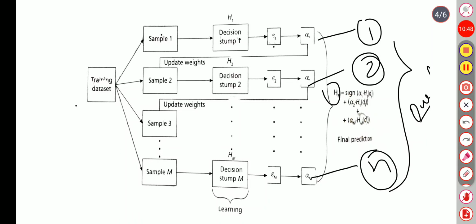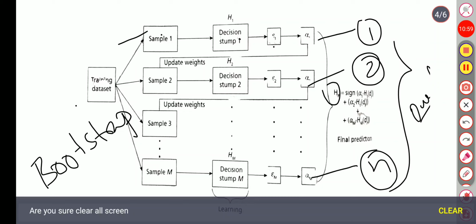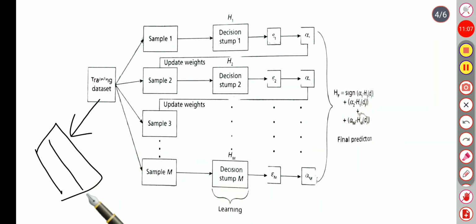Now come to what is sample 1. Sample 1 is called a bootstrap sample. What does it mean, sir? Bootstrap sample is nothing but, for example, there is a data set we have. In this data set, please assume that there are the values 1, 2, 3.